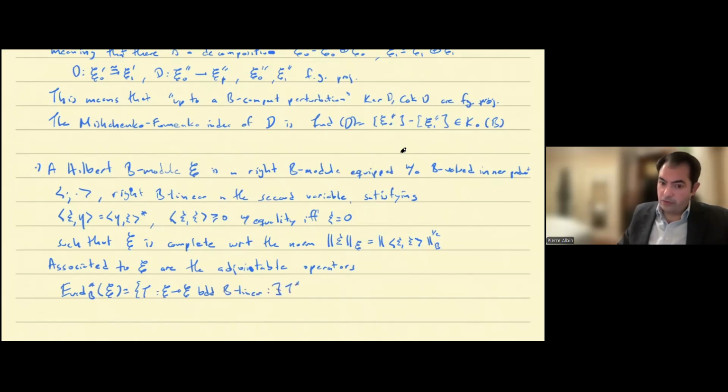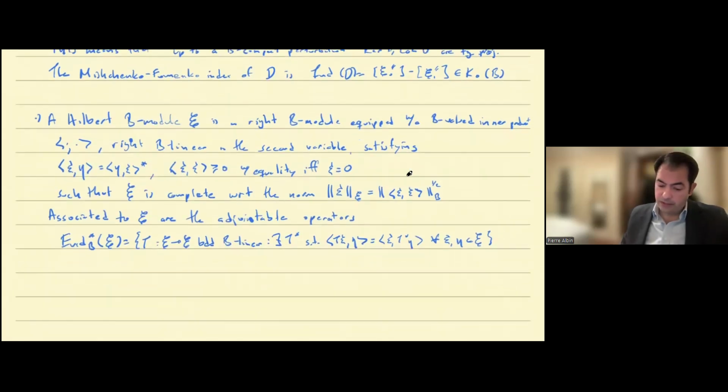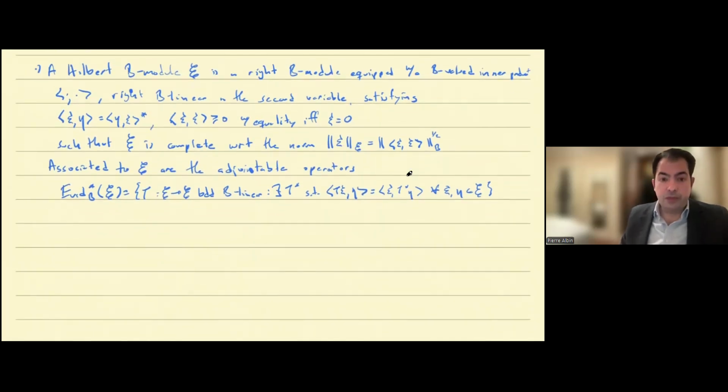So there exists T star such that... Of course we're used to working with spaces over the complex numbers where it's automatic that you have an adjoint, but in this generality it's not automatic, and so we have to specify that we're working with those.